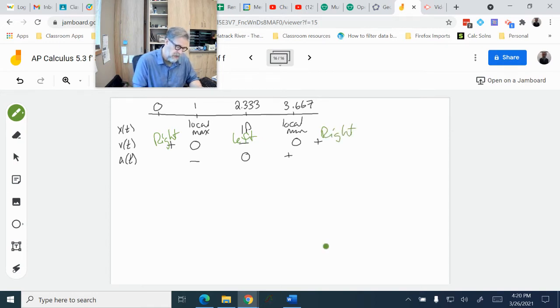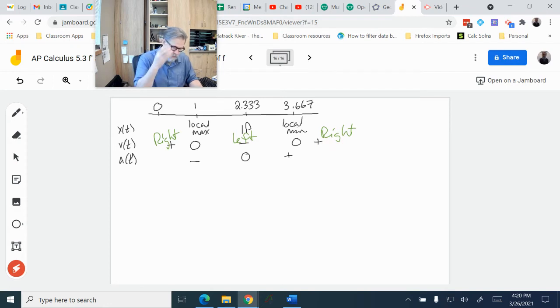Notice it moves to the right until it reaches some local maximum value, and then it moves back to the left for a while until it reaches a local minimum, and then it moves back to the right again.